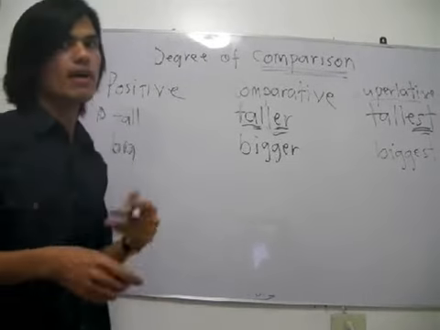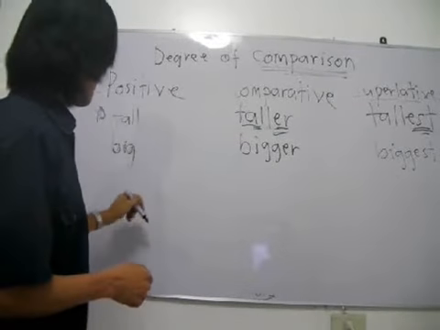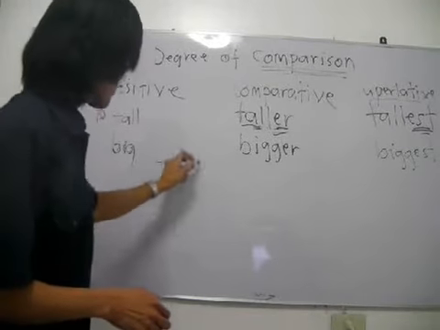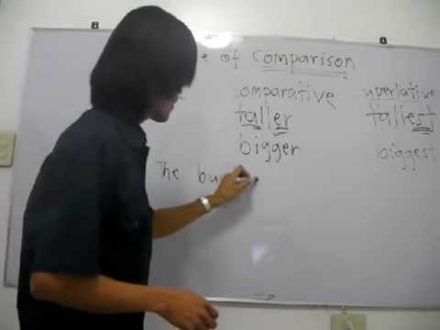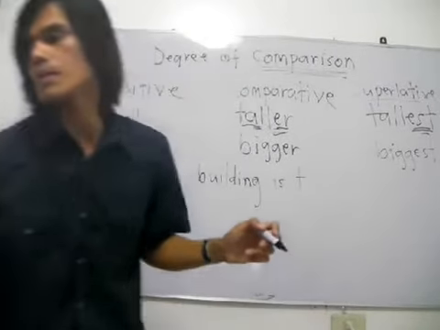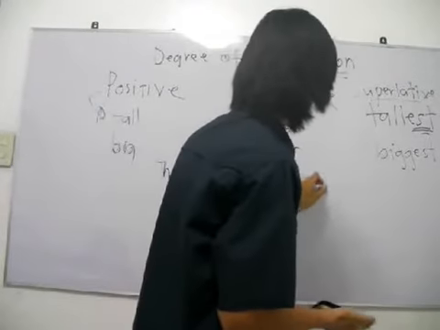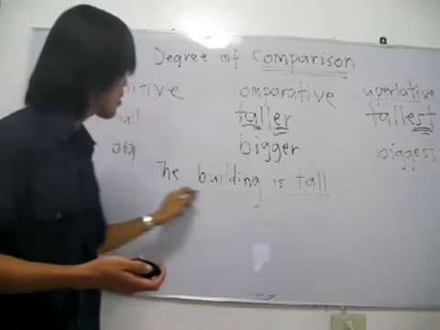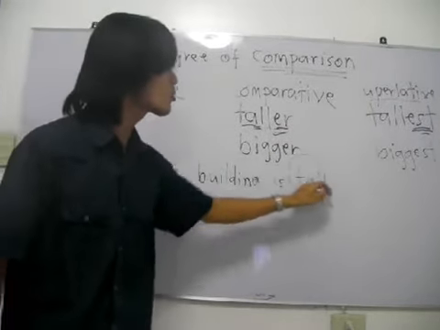Now I will give an example using the word tall. So I will say, the building is tall. Okay? So this is an example of a sentence having a positive degree, tall.